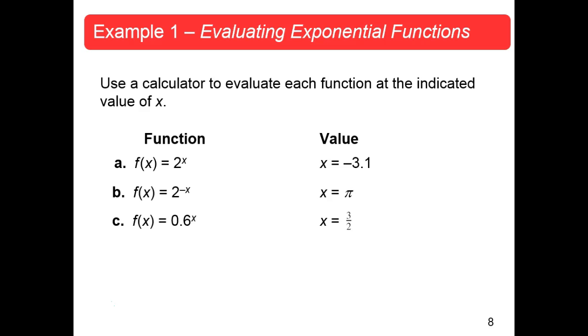You evaluate this. f of x is 2 to the x when x is equal to negative 3.1. Now, how many got calculators? Not that many, huh? Okay.